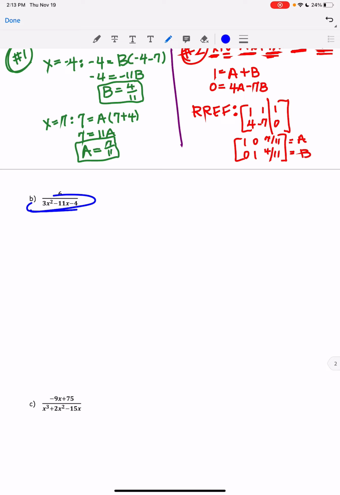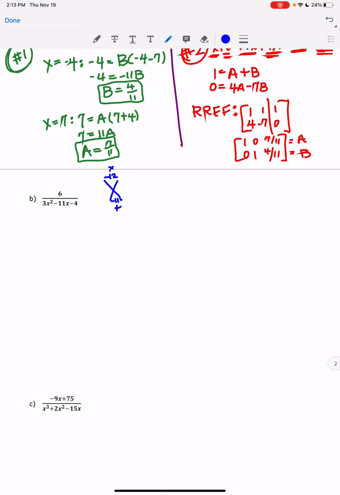we need to factor this first. There's not a GCF, and so because A is greater than 1, we do have a hard one. So my A times C is -12. My B is -11. What adds up to -11 and multiplies to -12?